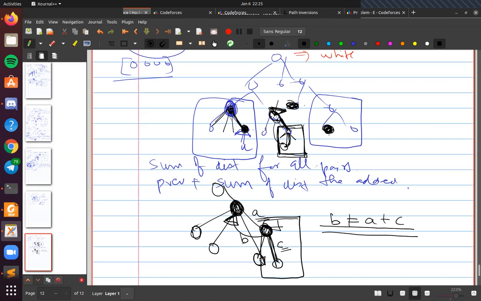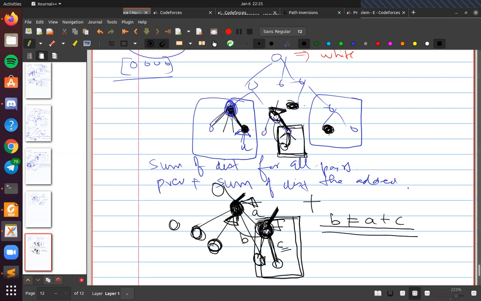So when you go to this node, you add the sum of distances to all these nodes minus the sum of distances to all of its parent. So its parent is this node, and the sum of distances of all these nodes will be subtracted. So it will have only the sum from the nodes which will give you LCA as this node. Does it make sense? Yeah, got it.